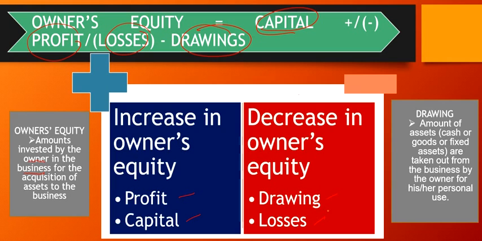So, what is the meaning of drawing? Drawing is the amount of asset, cash or goods or fixed asset, are taken out from the business by the owner for his or her personal use. That's the meaning of drawing.